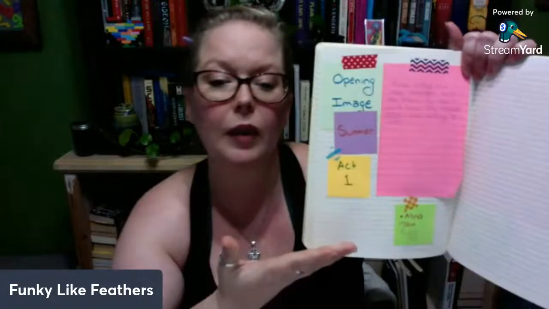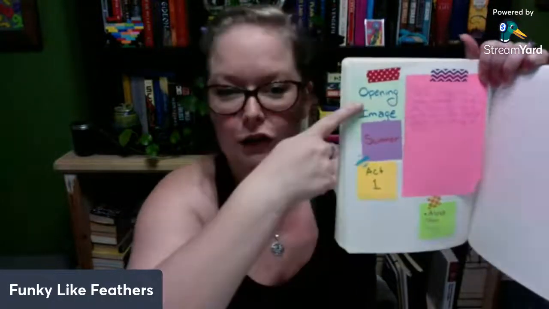Okay, so what I did here is that I actually went ahead and put things on Post-it notes. And before I had the bookcases that you see behind me, I actually went ahead and, I'm not even kidding, Post-its, all right? I took some washi tape and some Post-it notes of varying sizes and colors, and I put together the plot point. So this is the opening image.